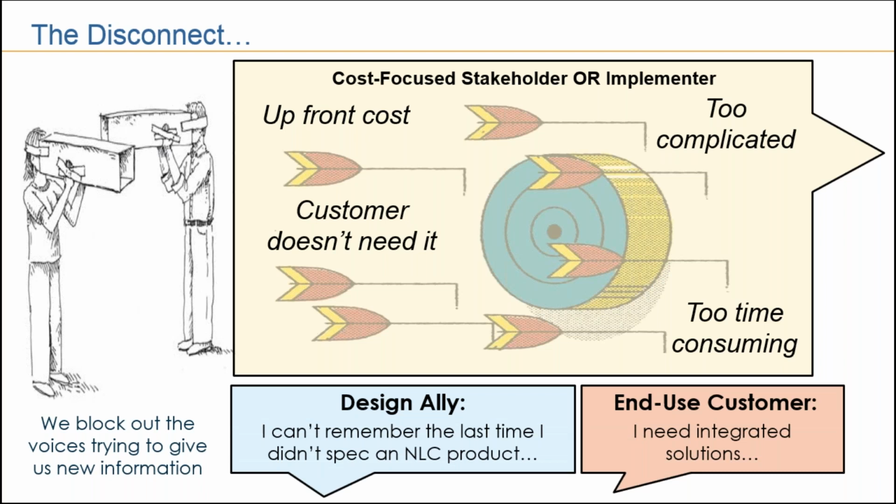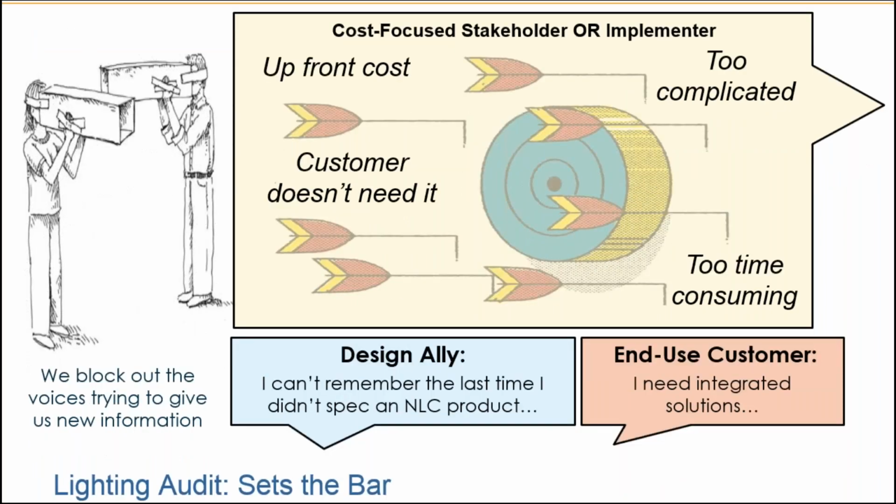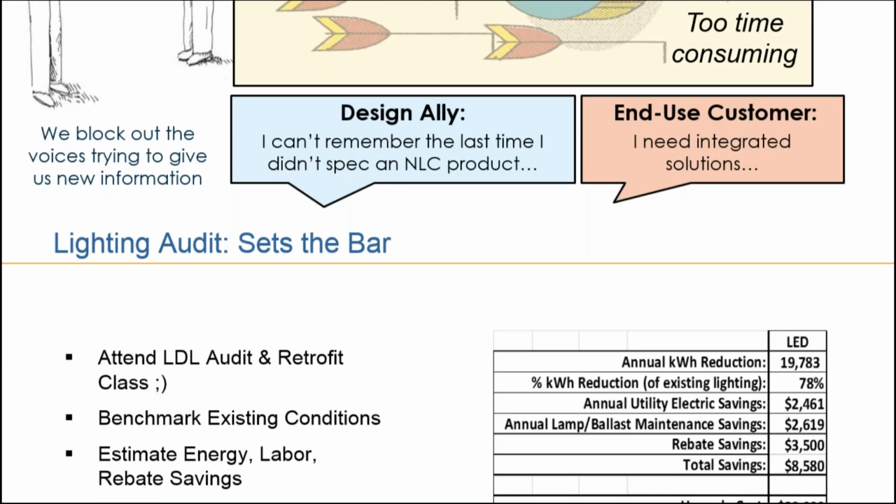And you have your savvier facility managers, and even some of the professors, were already calling out, hey, I know lighting can be controlled by phones. Is that going to be coming? I need integrated solutions. So the idea is to bridge that disconnect. One of the more solid techniques or solutions for that disconnect is having a good lighting audit, in my opinion, in the sense that it sets the tone and gives you that perfect understanding of what is the benchmark of my building.